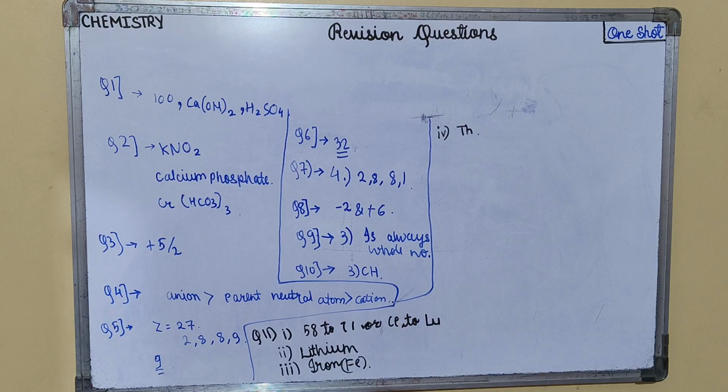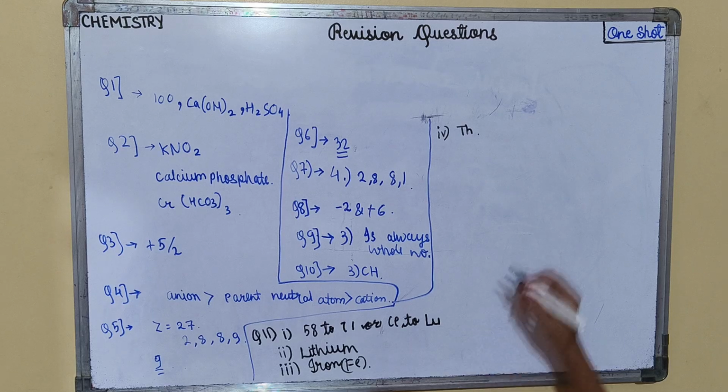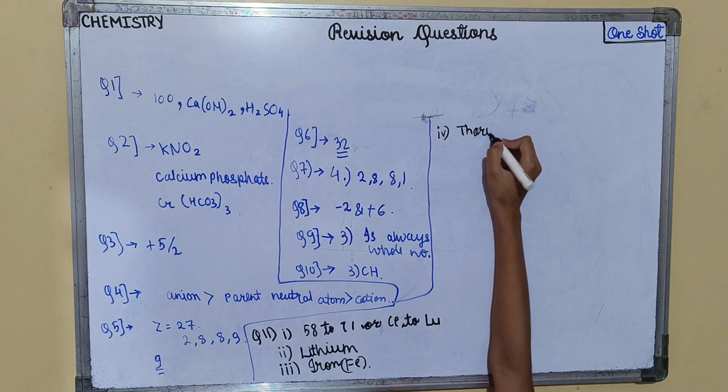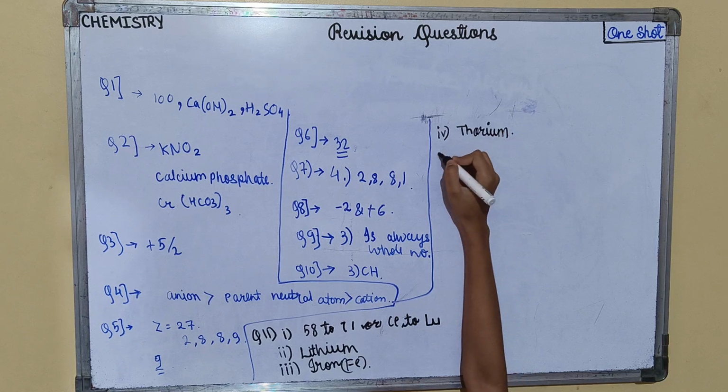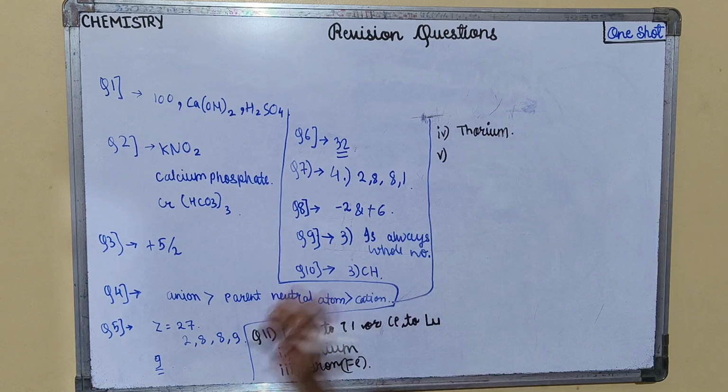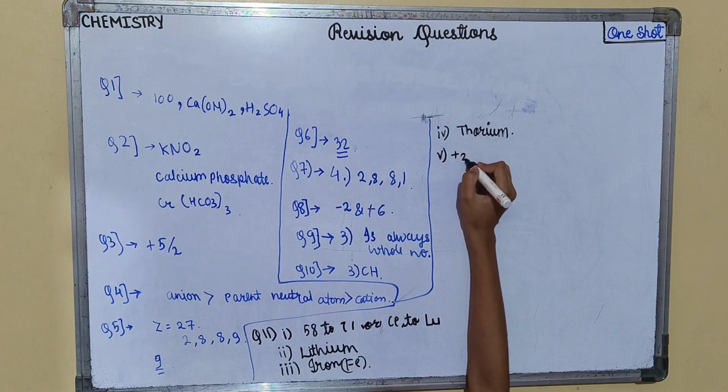Th is the symbol and the element is thorium. Fifth is the valency of plumbate ion is. So answer is +2.